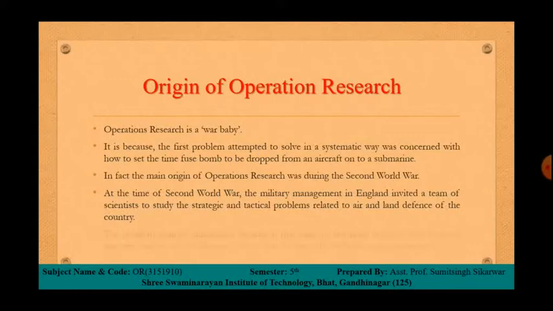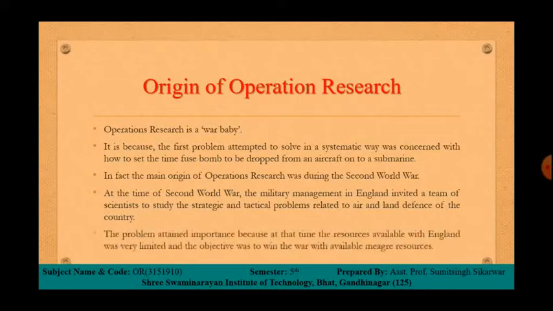The problem attained importance because at that time the resources available with England were very limited and the objective was to win the war with available limited resources. These resources such as food, medicine, ammunition, manpower, etc. were required to manage the war and for the use of the population of the country.